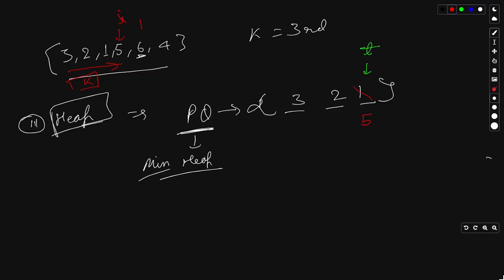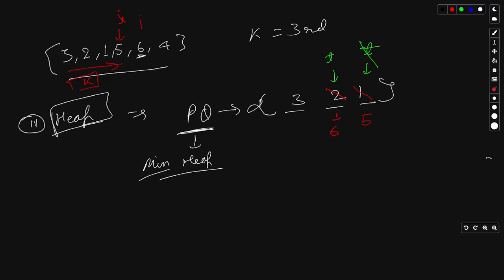Let's say i comes over here at a 6. Since the topmost element will change, because 5 is larger than 3 and 2 itself, we take the smallest element, and now the top of the heap will be 2, and obviously 6 is greater than 2. So again we will be popping out 2 and inserting 6 at its place.